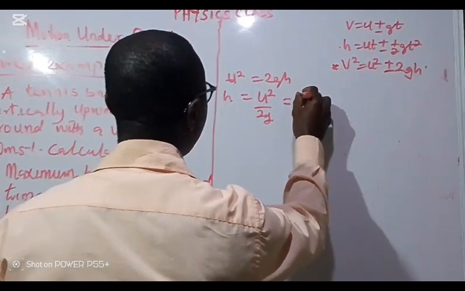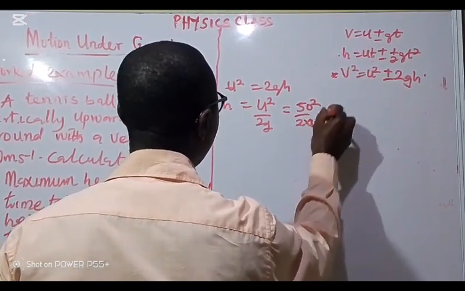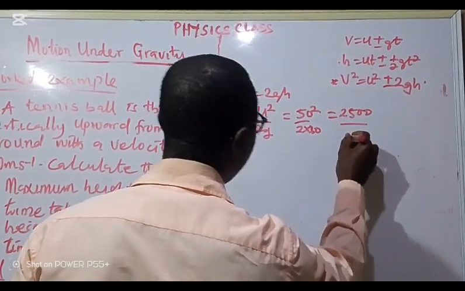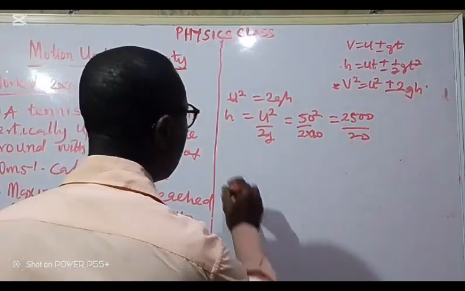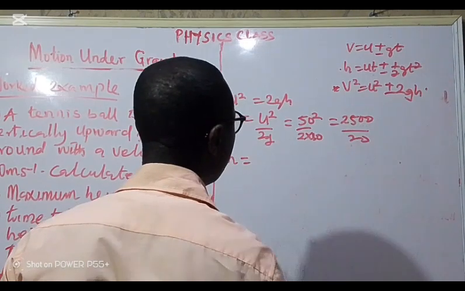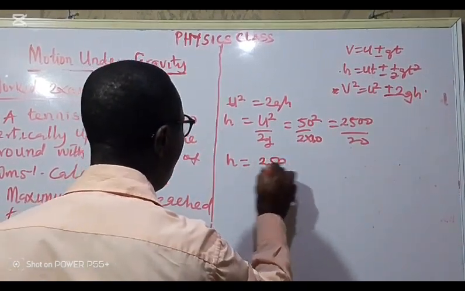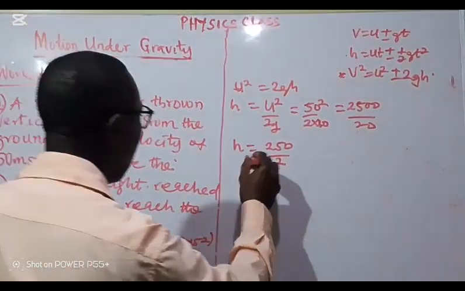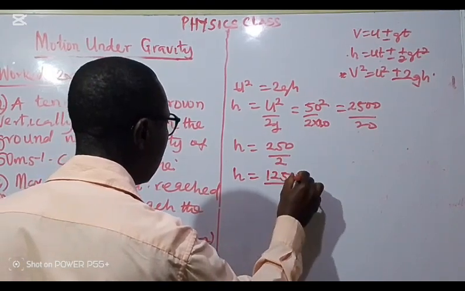That will be 50 squared over 2 multiplied by 10. Then this one will give us 2500 over 20. So h will be equal to, 0 will cancel 0, that will be 250 over 2. Now our h will be equal to 125 meters.